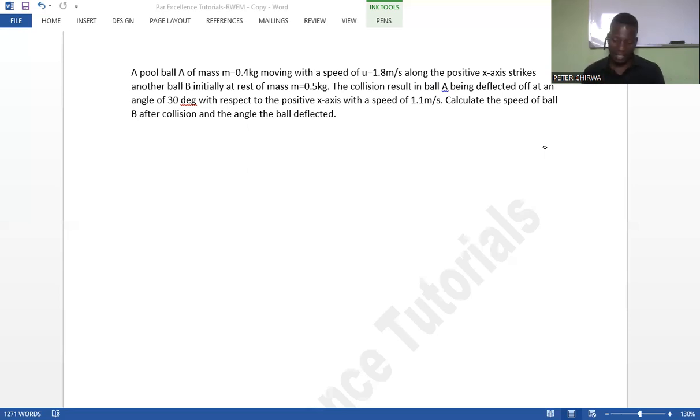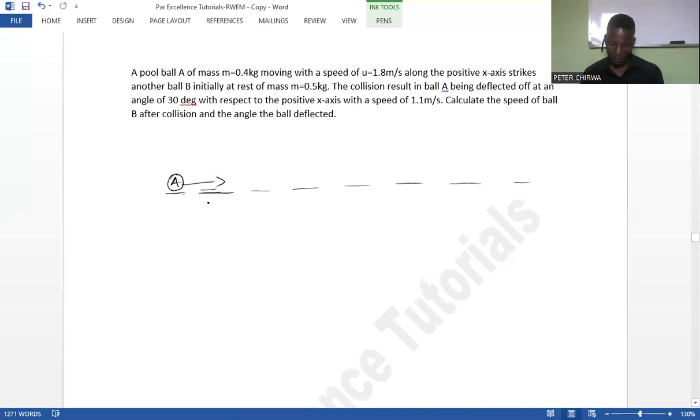Okay, so let's say this is our axis. And then we have the first ball A moving.